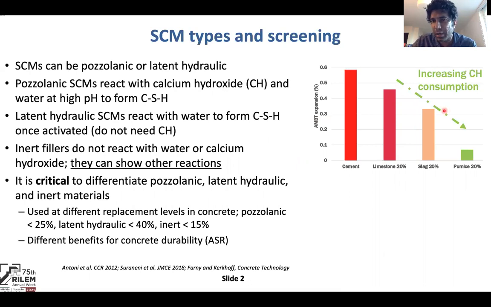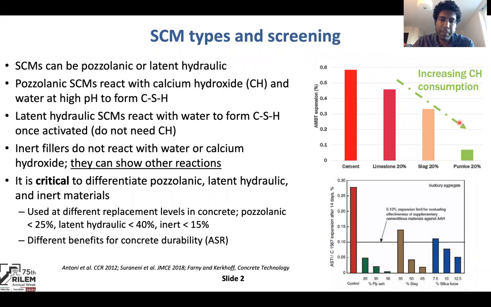Very interestingly, this is the exact same order of calcium hydroxide consumption of these materials. If you compare the replacement level needed to mitigate ASR for fly ash, slag, or silica fume, you'll find that it's in the order of silica fume, fly ash, and then slag. Limestone is even higher. So clearly the reactivity is quite important.